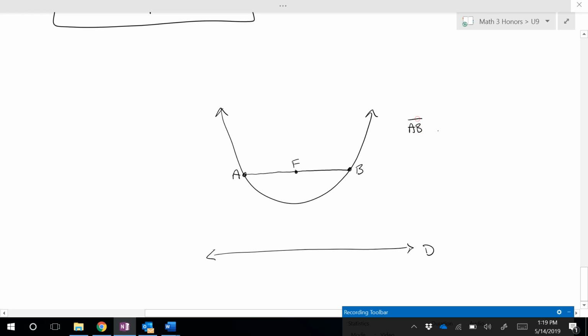So AB is called the focal chord. So again, it has to be parallel to the directrix, and it has to pass through the focus. Okay, and its endpoints are on the parabola.